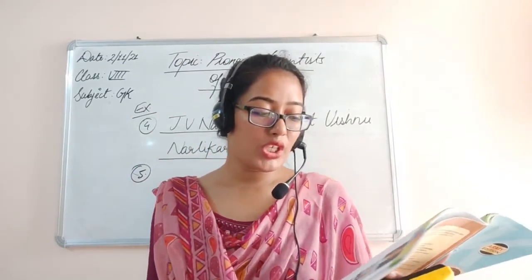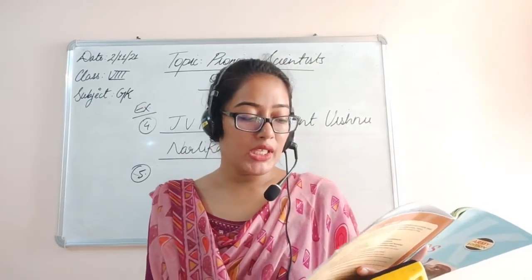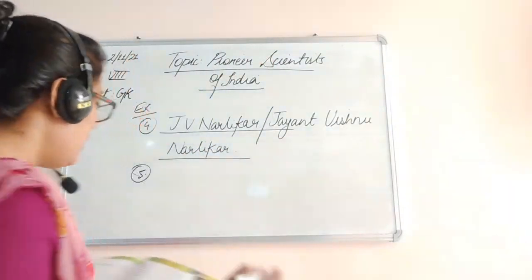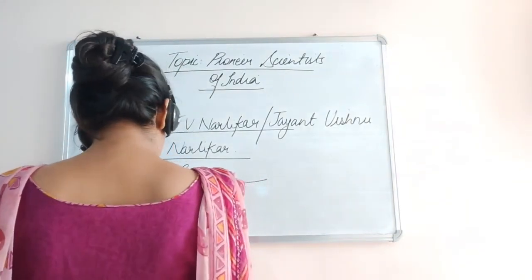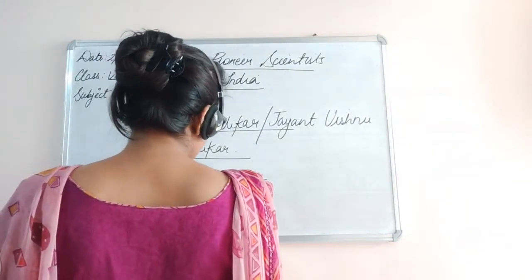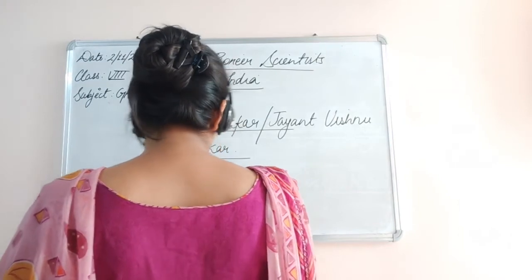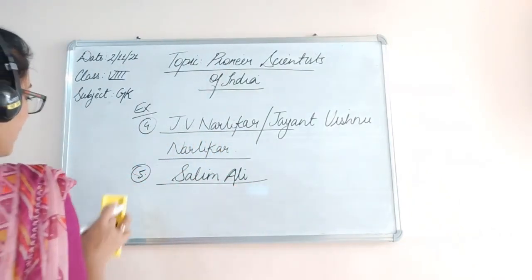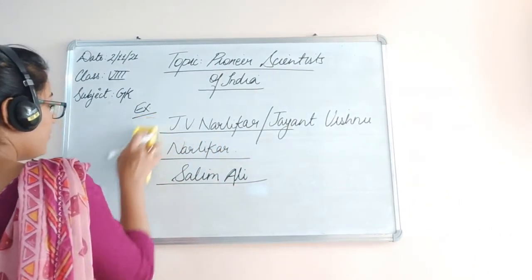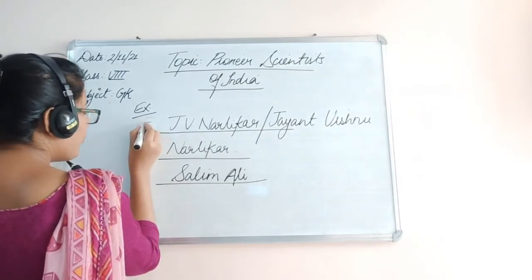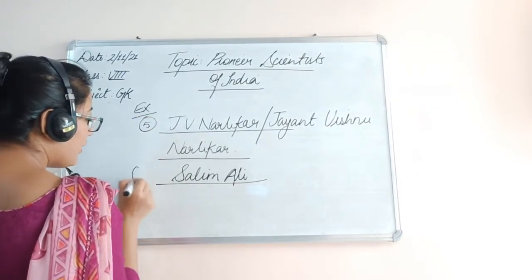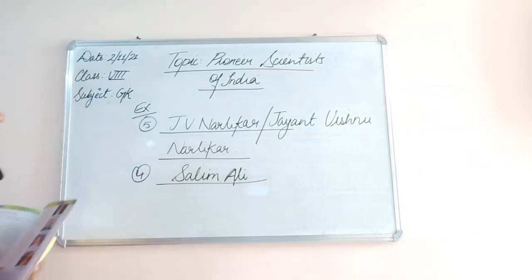Though he did not have any degree or formal education of the subject, with his hard work and zest, he gained fame in this field. He wrote many books on birds and animals. His name is Salim Ali. This is the fifth part and this is the fourth part.